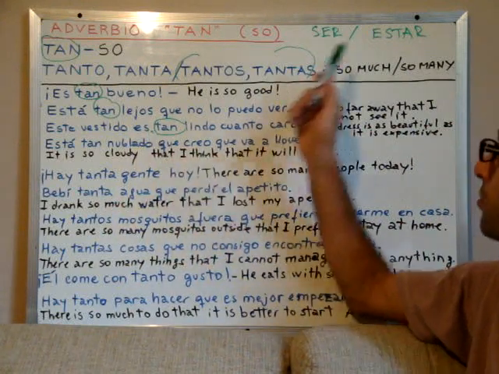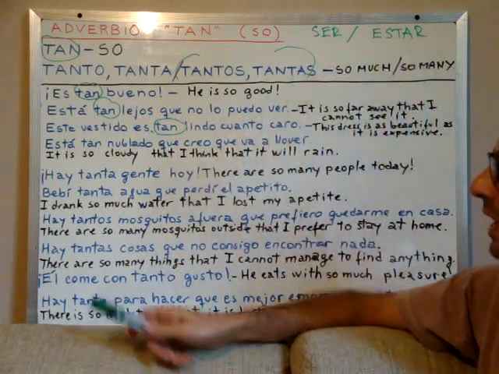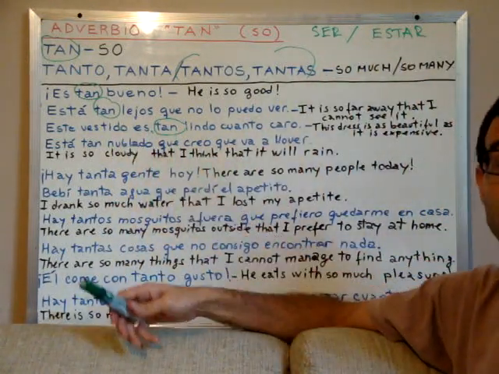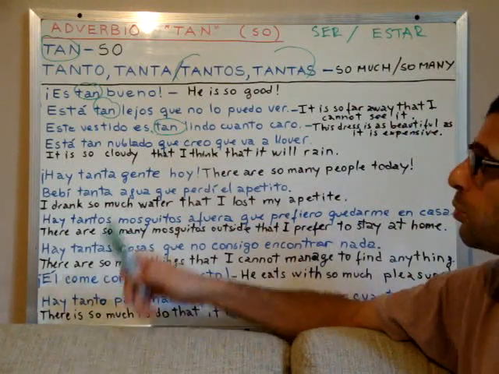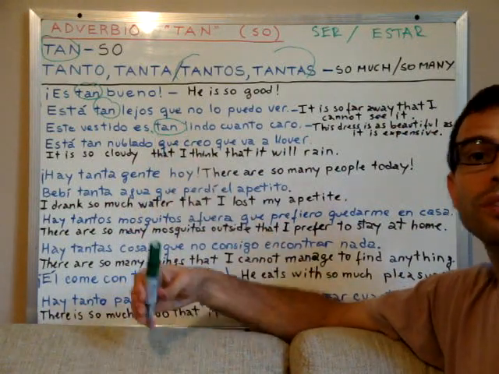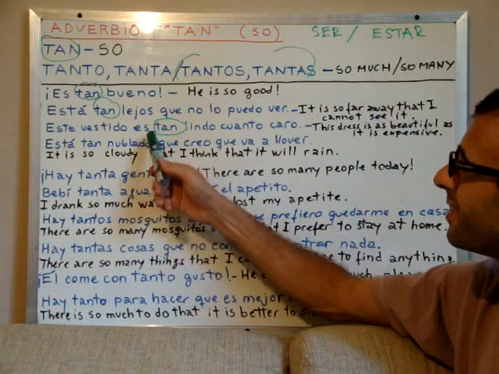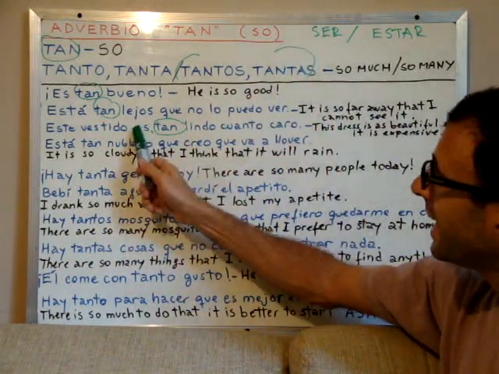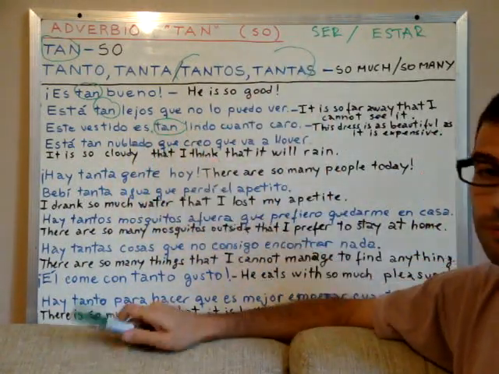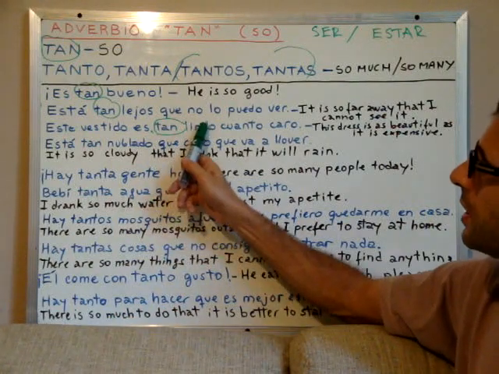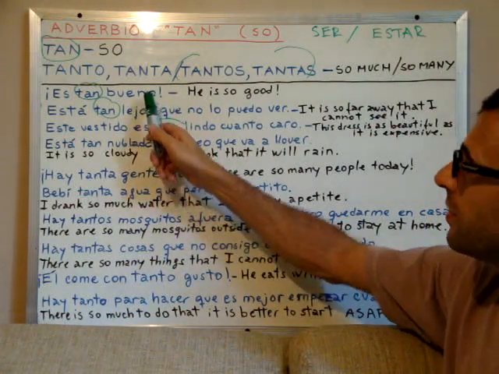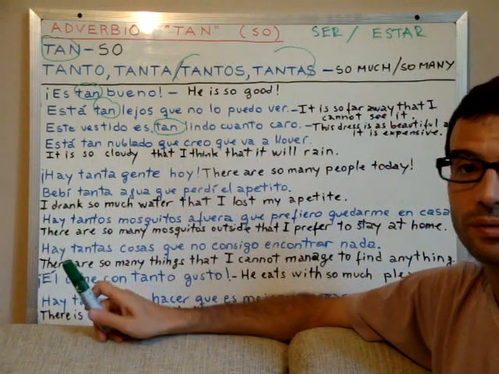Then we would use verb estar. We would say está tan sucio. It is so dirty. But we're talking about beauty that is considered intrinsic. Then we use verb ser. We say es tan lindo. So beauty is considered intrinsic, same as goodness.